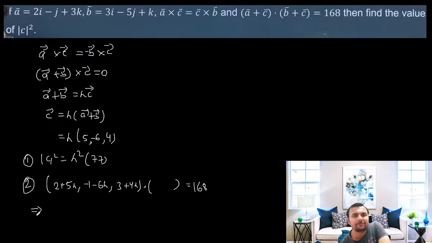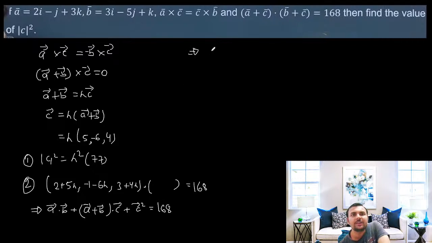We are simply finding A vector dot B vector, and A plus B vector, C vector whole square equal to 168.